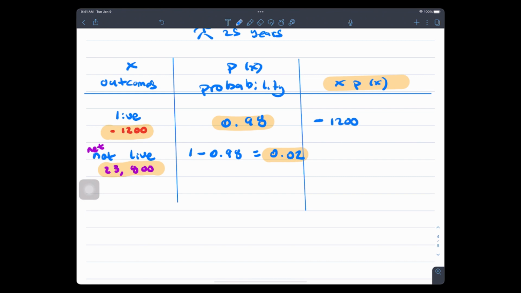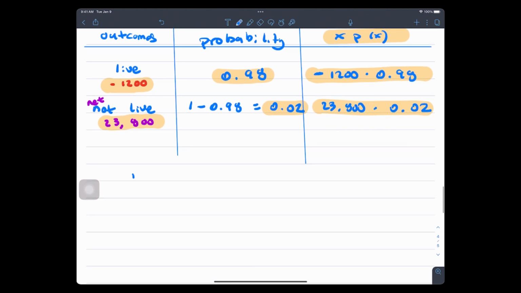Negative 1,200 times 0.98, and then 23,800 times 0.02. You're going to get your mu, ladies and gentlemen. What is mu? Mu is negative 1,200 times 0.98 plus 23,800 times 0.02.